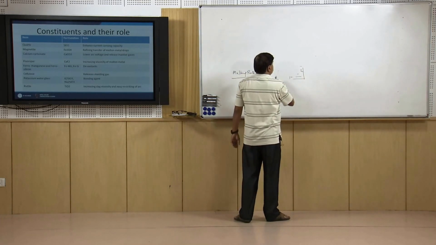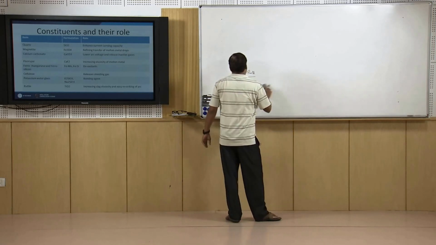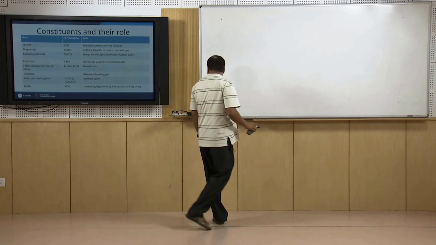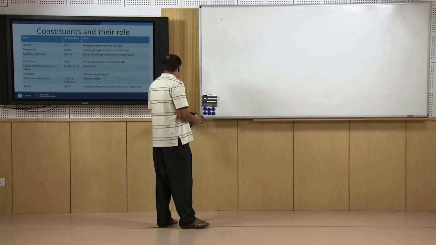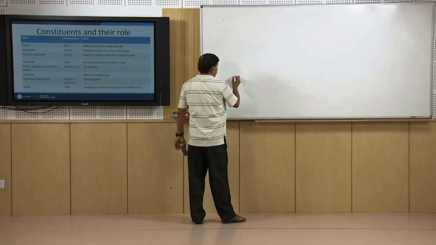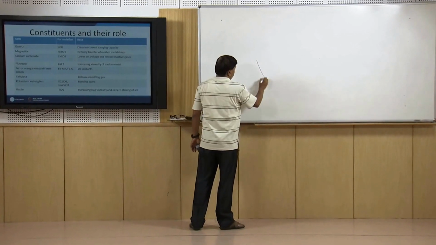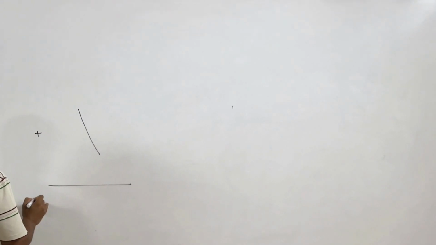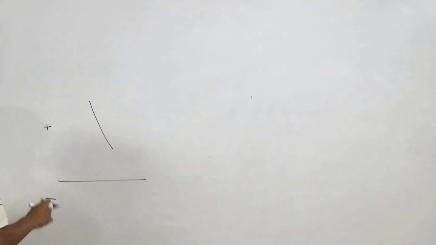So, now we will see another important aspect related to arc welding processes, and that is polarity. The electrode and workpiece can be connected either to the positive or negative terminal, or in case of AC of course these two will keep on changing.